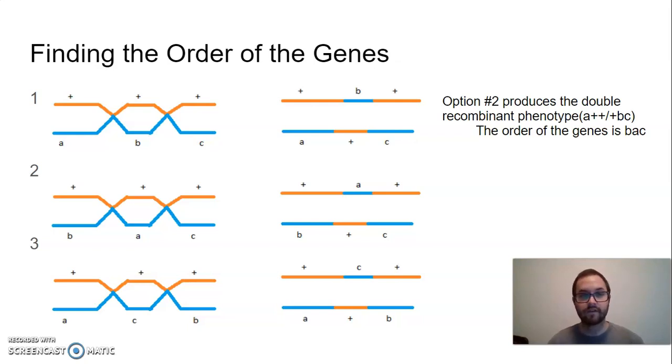So by looking at all these, option 2 produces the double recombinant phenotype that we saw last time, which was A plus plus or plus BC. And we can see that with this cartoon. And due to this, we know that the order of the genes goes BAC.